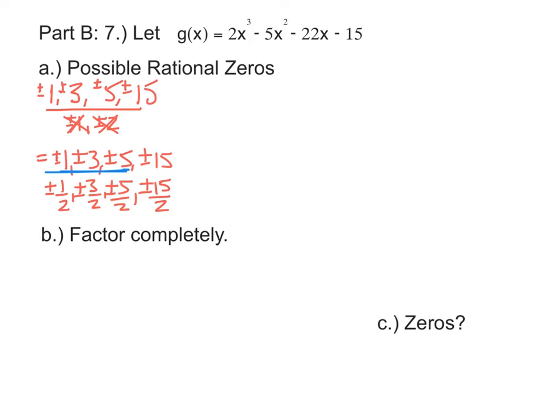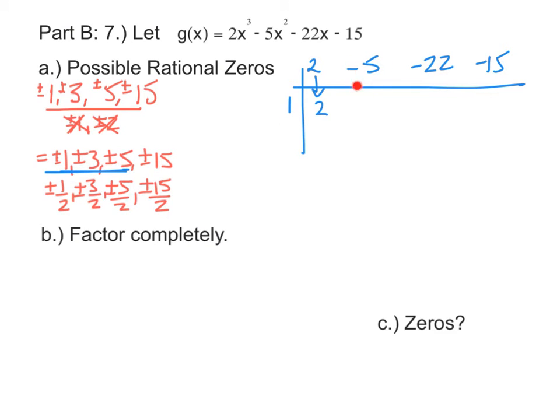So using synthetic division, that means we have to go back and take all the coefficients, 2, -5, -22, and -15, and start dividing. So I'm going to go through the list and first start with just positive 1. So we bring down the 2, multiply and add, multiply and add. What we're going to multiply is 2 times 1, that makes 2, and add it to -5. 2 plus -5 is -3.